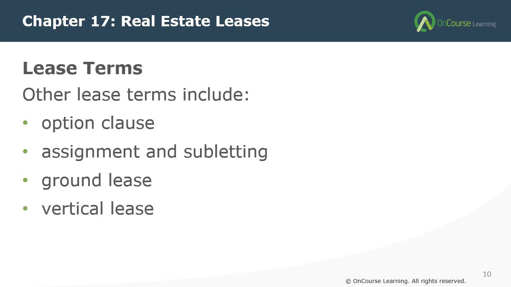building. A vertical lease is basically a lease of the air. If we can assign different parties different parts of the real estate, the surface, the subsurface, we can lease the area above the surface. That would be a vertical lease.